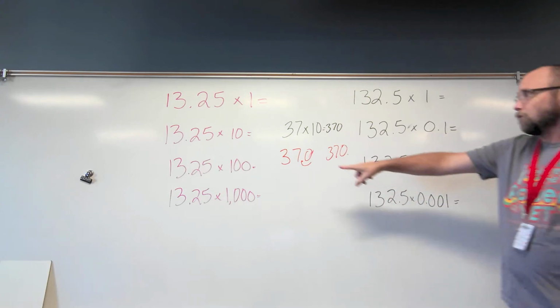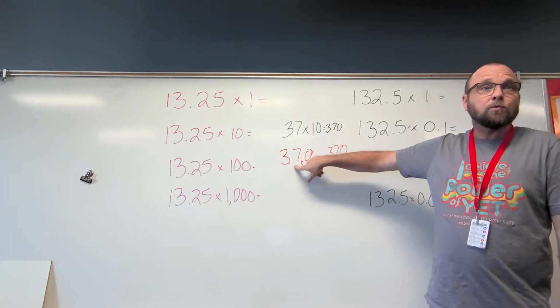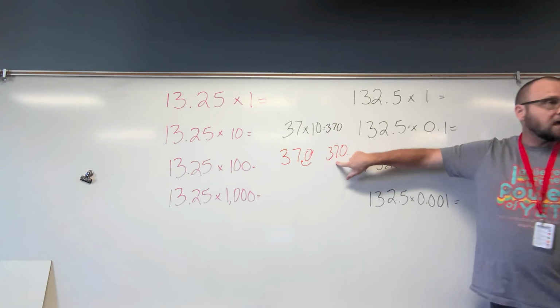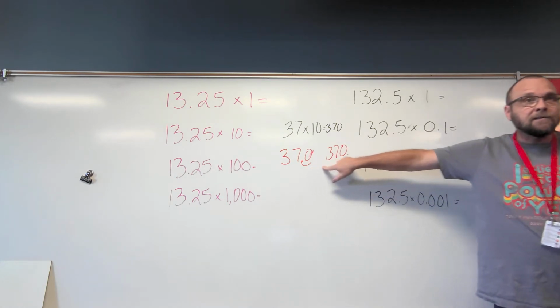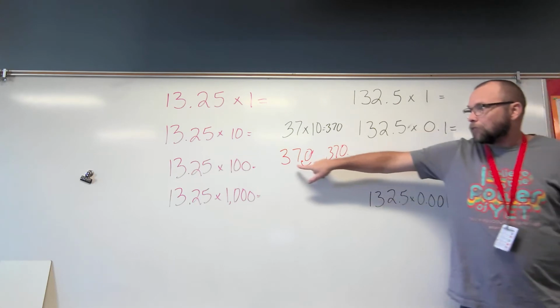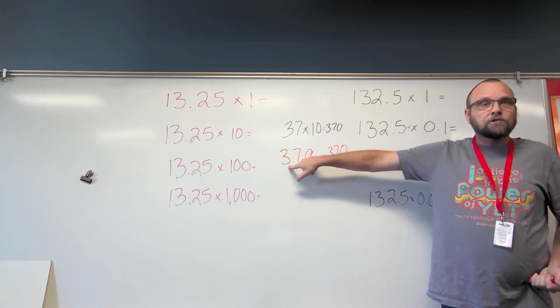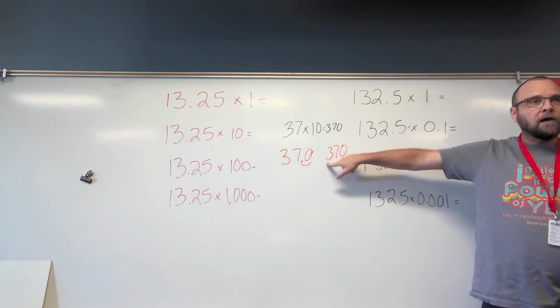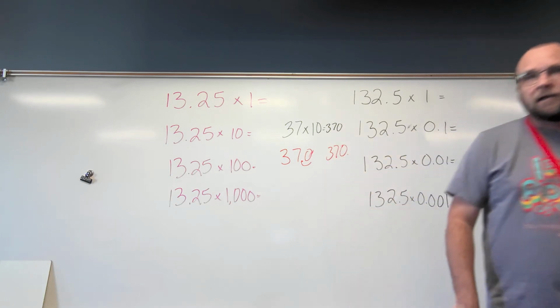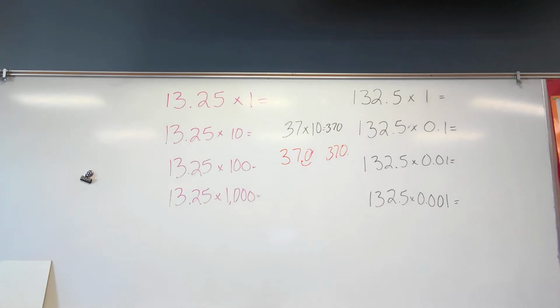Because I went from the 7 in the ones place, which is worth 7, to the 7 in the tens place, which is worth 70. So it is 10 times greater. The 3 in the tens place, which is worth 30, goes to the hundreds place, which is worth 300, which makes it 10 times greater. So that's what you've been doing.